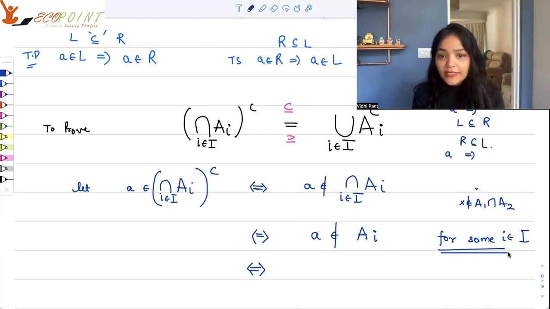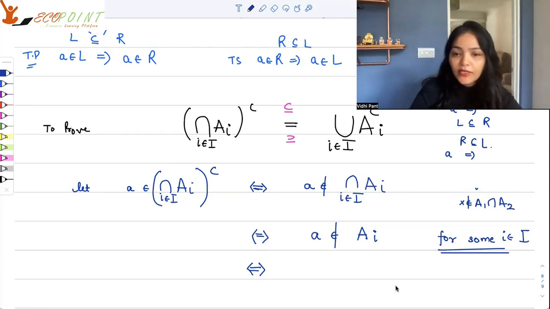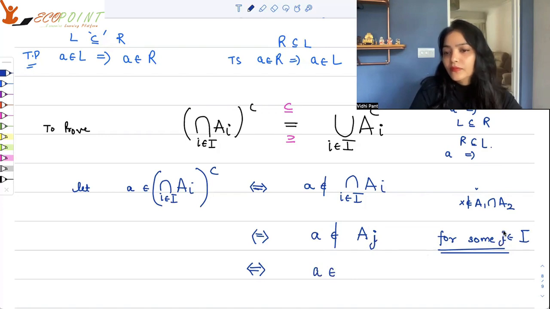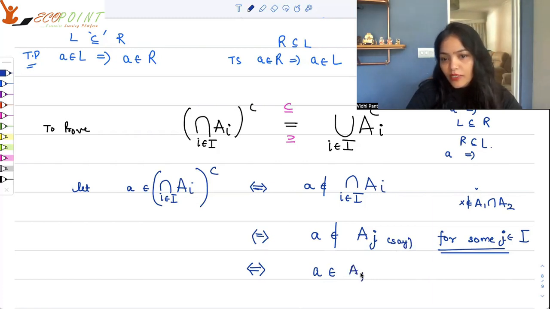So this would mean that a is not an element of some of the members of this family of sets, which means that a would belong to, let me just make it A_j for you. Let's say some j, to distinguish it from i, which I was taking for every. So I am taking a particular one, say j. So that means a would belong to A_j complement.